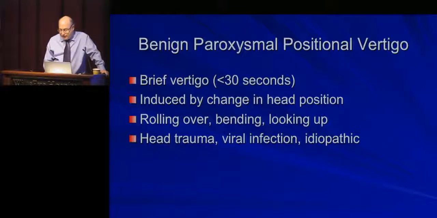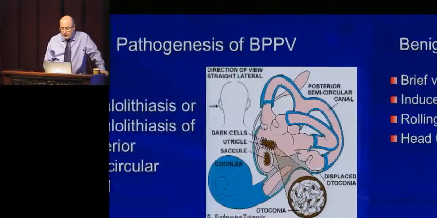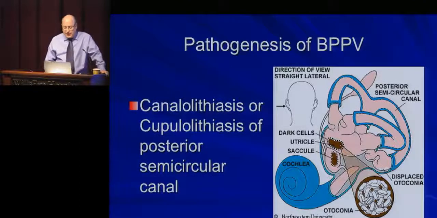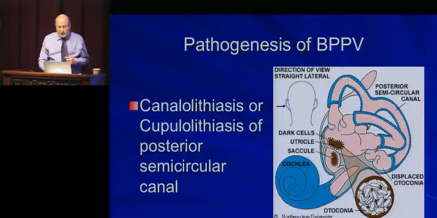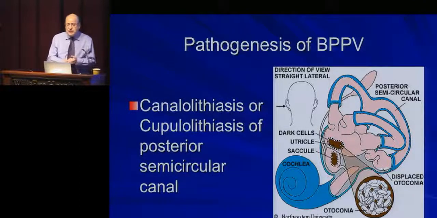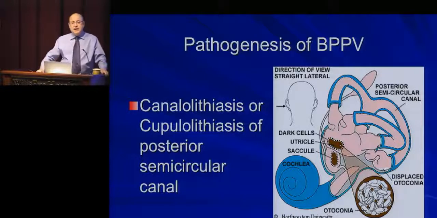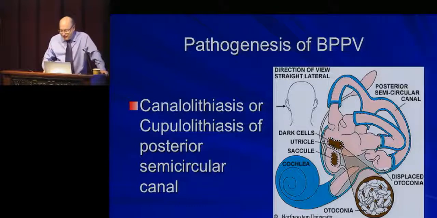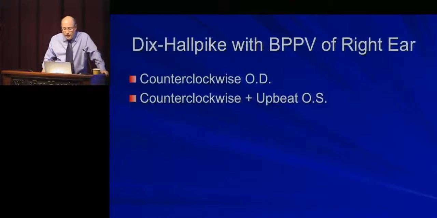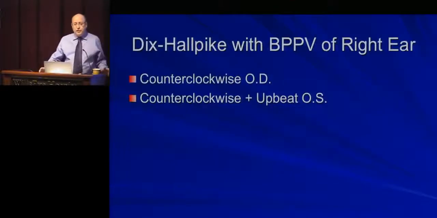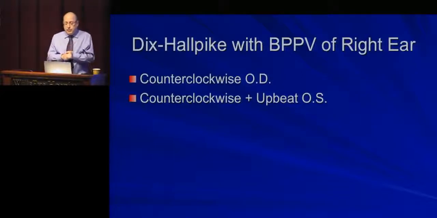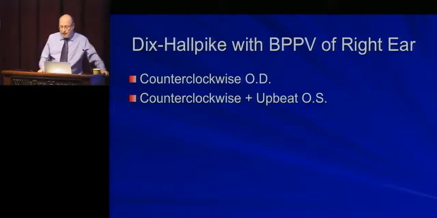So the pathogenesis is either canalolithiasis or cupulolithiasis, which is a loosening of these stones sitting in the posterior semicircular canal, and they stimulate the hair cells and cause nystagmus. So, if you have benign positional vertigo, you do the Dix-Hallpike maneuver. If it's in the right ear, you will get a combination of a counterclockwise torsional nystagmus in one eye and a counterclockwise and upbeat nystagmus in the other eye.